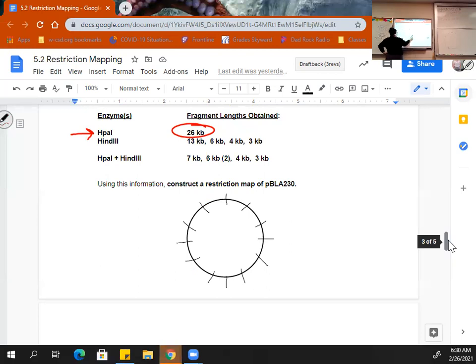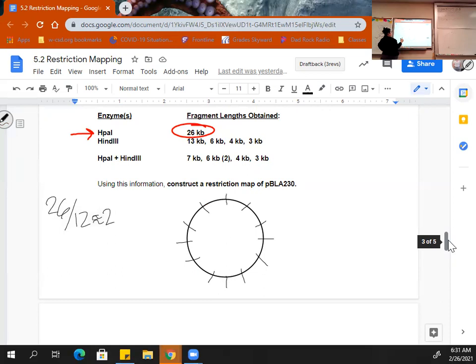So we have 1, 2, 3, 4, 5, 6, 7, 8, 9, 10, 11, 12 pieces. Then I take 26 divided by 12 to give us a rough estimate of what each one of those segments is. So it gives us about 2. Each one of those is about 2-ish, 2.16.